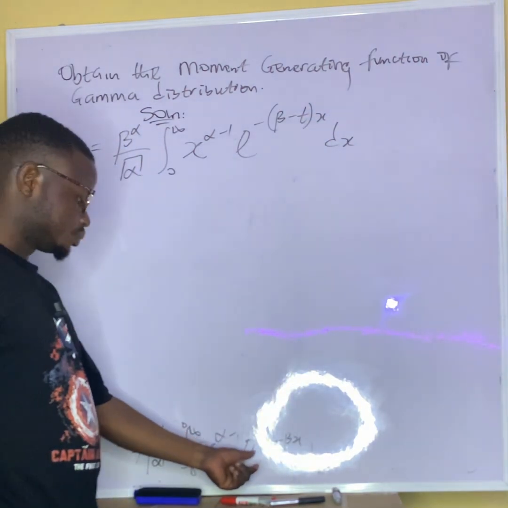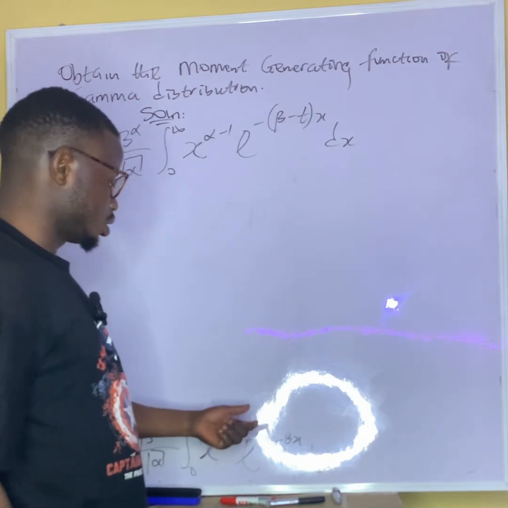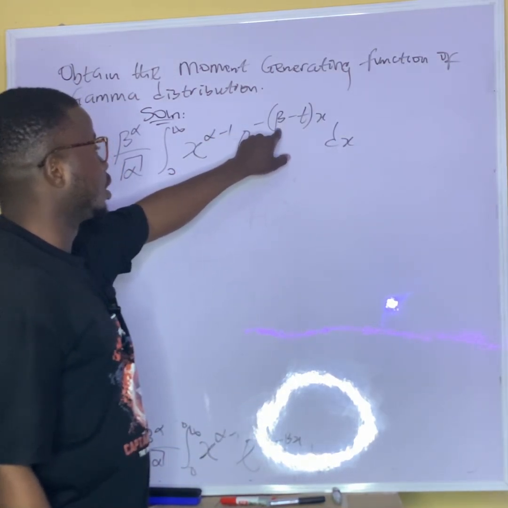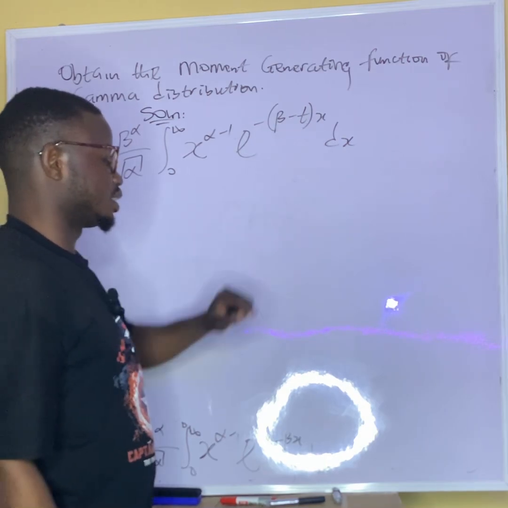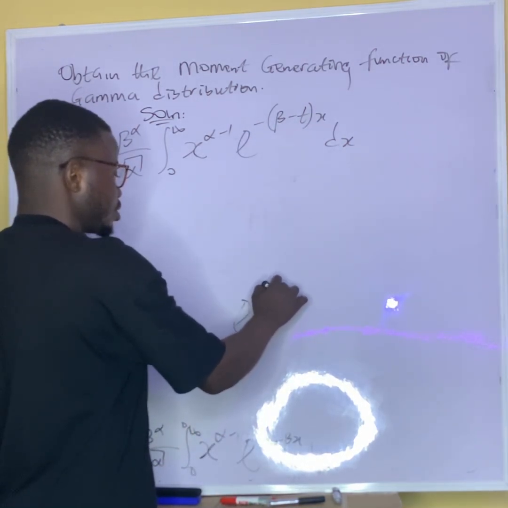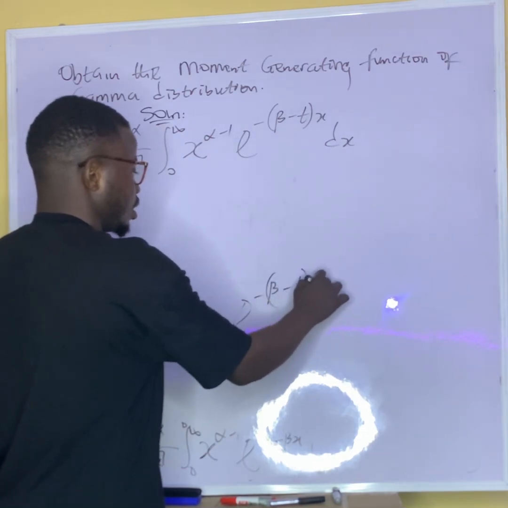So exponential tx minus beta x can be rewritten as minus, then beta minus t, with x outside.